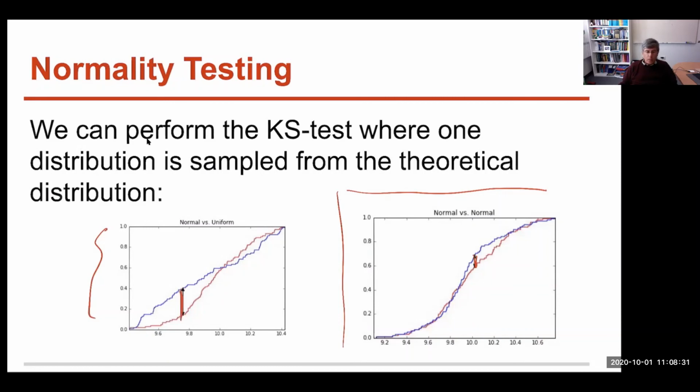This gap was too big, and the KS test could tell that this shouldn't have happened, whereas this other one is within the bound of what would be expected. Any questions about what the KS test is, why it's a good thing, and how you would use it to tell whether two distributions are the same?